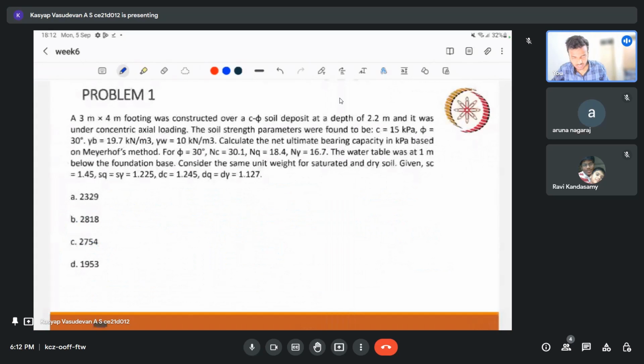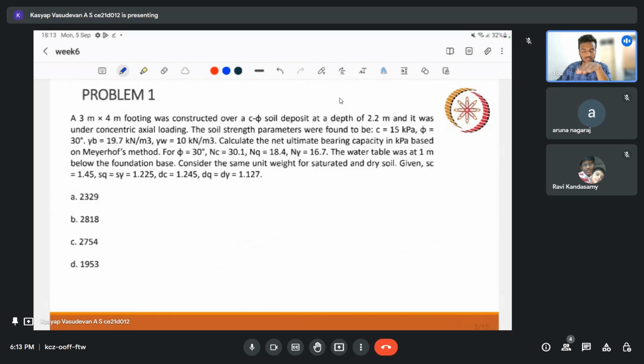The first question is, as I told, about footing itself. In shallow footing, here we have a question about using the Meyerhof method to find the ultimate net bearing capacity. In the last class we had discussed the IS code method as well as Terzaghi's method. So here we will do the Meyerhof method.